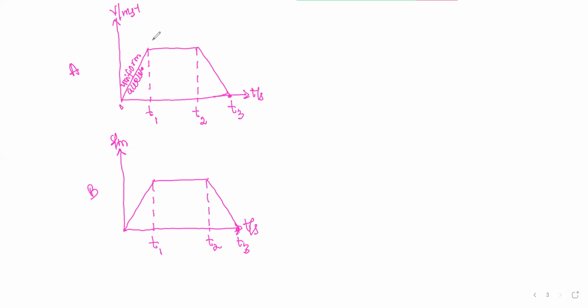This is constant velocity, meaning acceleration is 0. Okay, constant velocity. Then between T3 and T2, we have uniform what? Decelerated motion, or deceleration. Good.